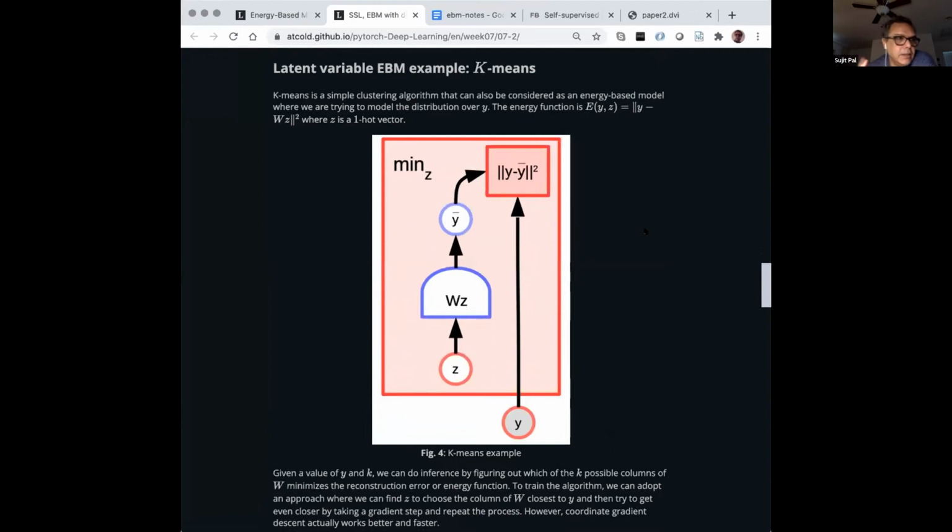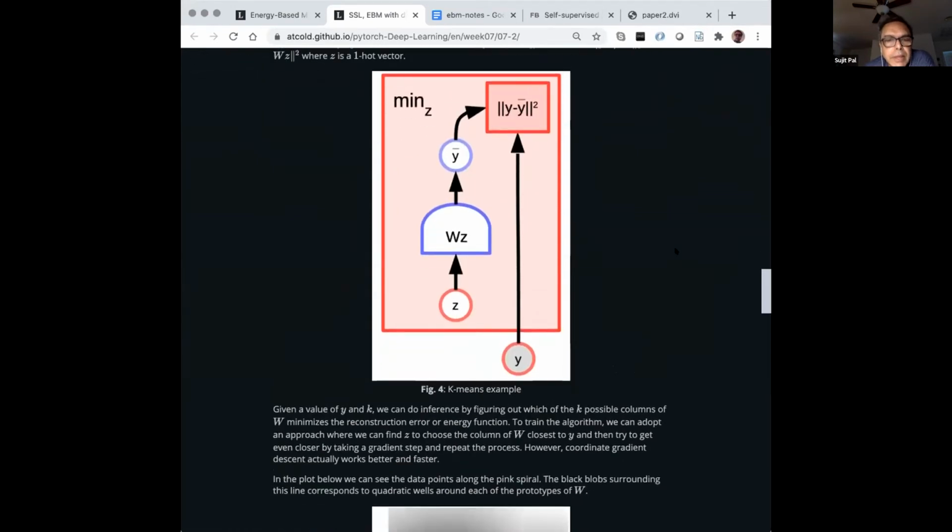So the idea is that if you think about k-means, you basically pick k centroids or k points to be the centroids, and then you try to cluster the other points around those k points, right? So what they are doing here is they're selecting a random weight vector, and they're selecting a value of k, corresponding to the k points that we pre-select in k-means, and the number of columns of this random vector w is k, right?